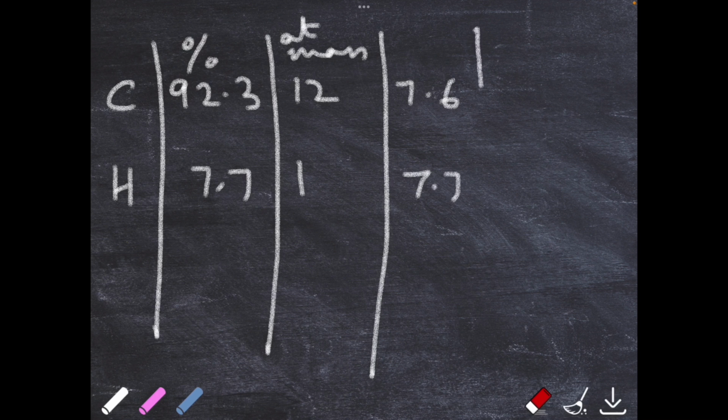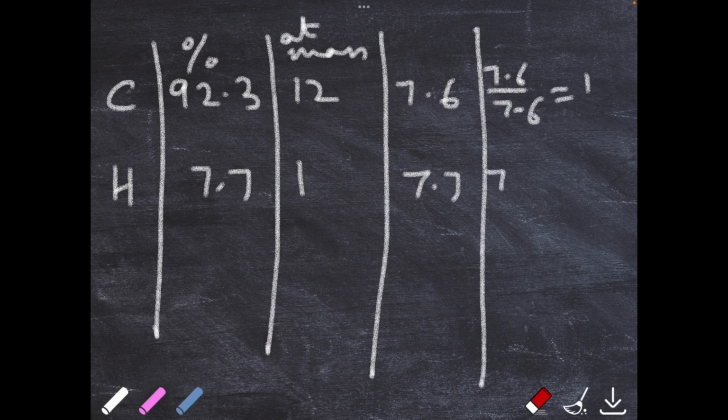Now the one which is the least of the two, we'll divide the rest of it by it. So we'll divide 7.6 by 7.6 and we'll get 1, and we'll divide 7.7 by 7.6 and we'll get approximately 1. So the empirical formula is CH, that is one atom of carbon and one atom of hydrogen. This is how we determine the empirical formula.